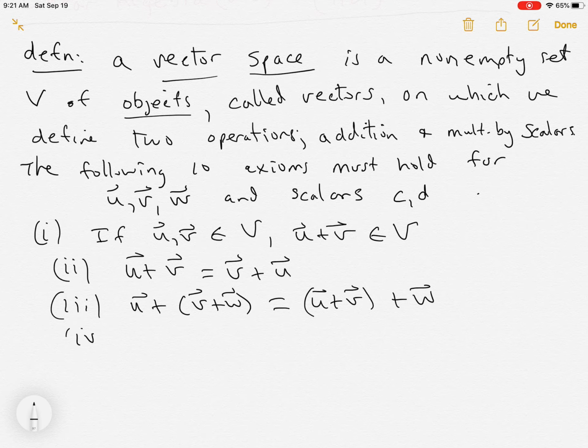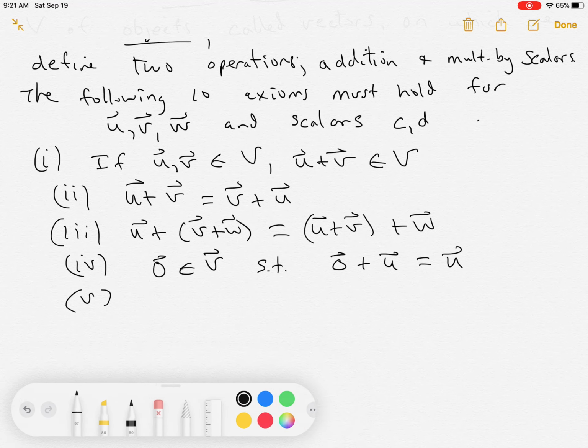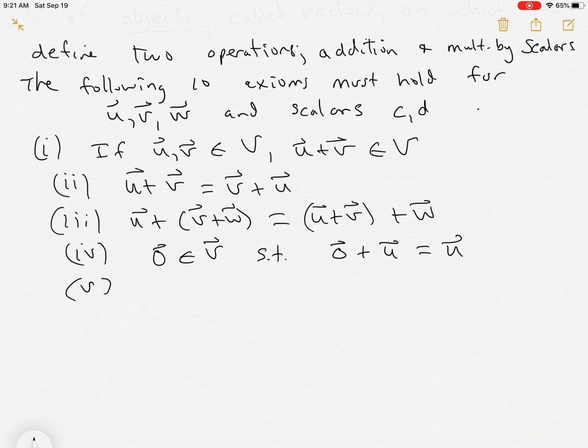4, there must be a 0 vector in V so that if you take this vector and add it to u, you get u. So this is the additive identity. What are we up to? 5.